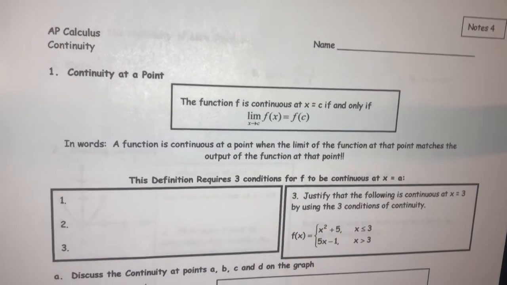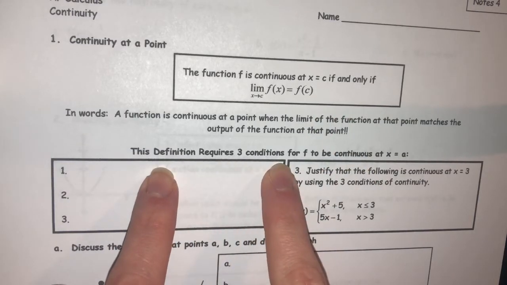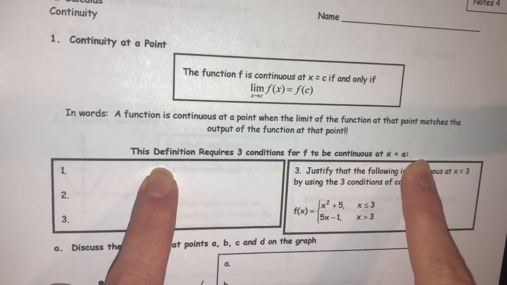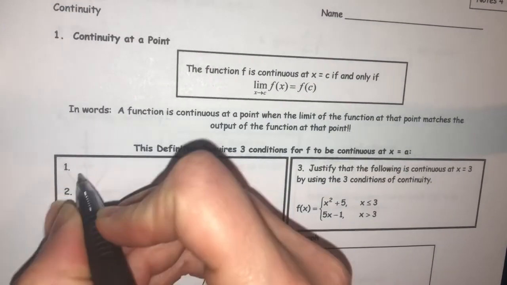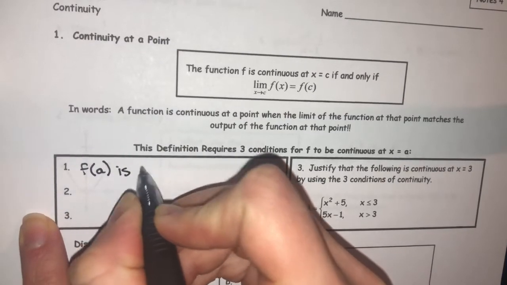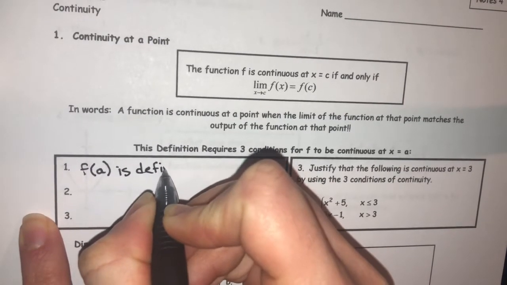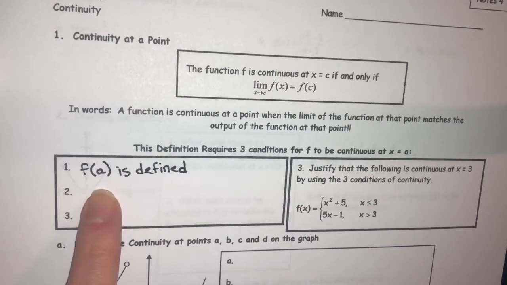So this definition, even though it looks like one little rule, actually requires three conditions for f to be continuous at x equals a. So those three conditions are, first, f of a is defined. You cannot have a continuous function if the function is not even defined at that given x value.